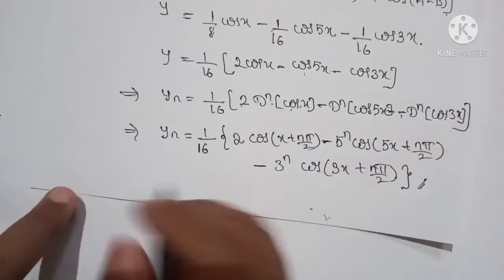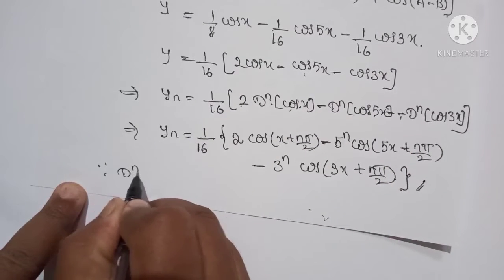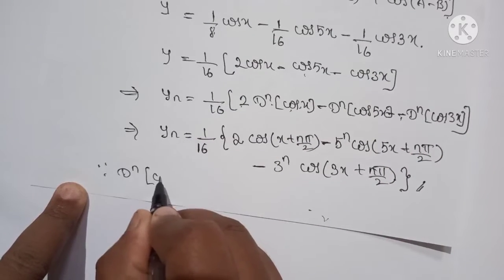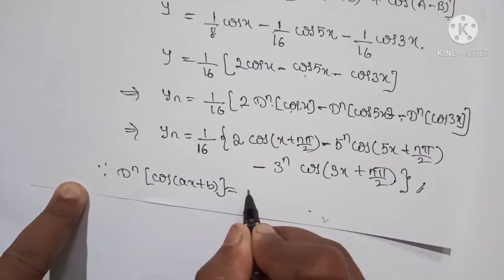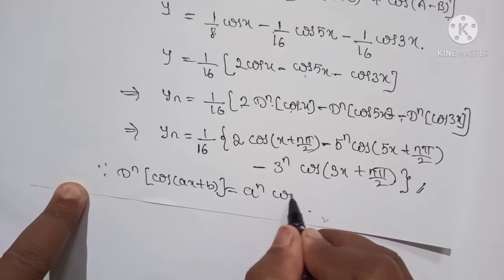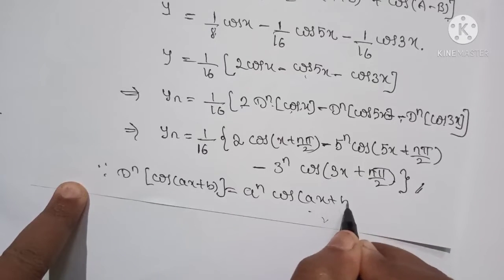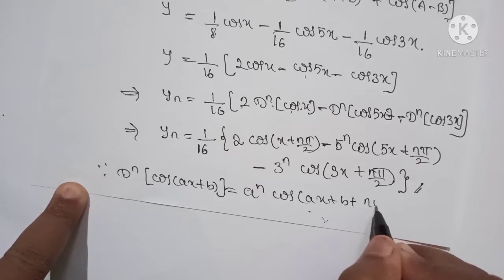Here we have applied the formula for nth derivative of cos of (ax plus b), which equals a raised to n cos of (ax plus b plus n pi by 2).